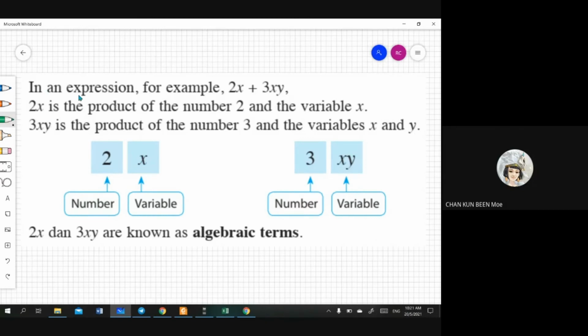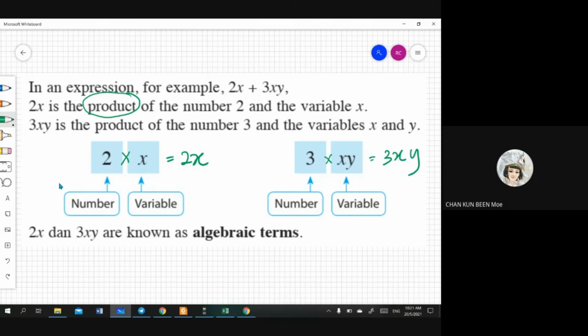So in an expression, you look at the first line, for example, 2x plus 3y. This 2x and 3y. 2x is the product of number 2 and the variable x. The meaning of product over here, it means hasil darab, the multiplication of it. So 2 times x, we get 2x. Same with 3 times xy, we get 3xy.